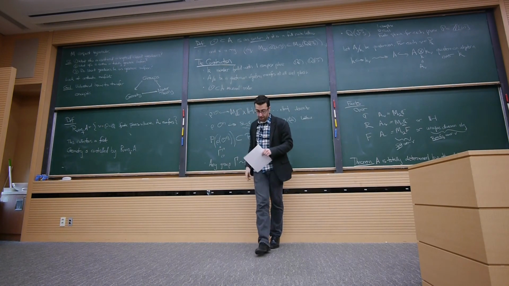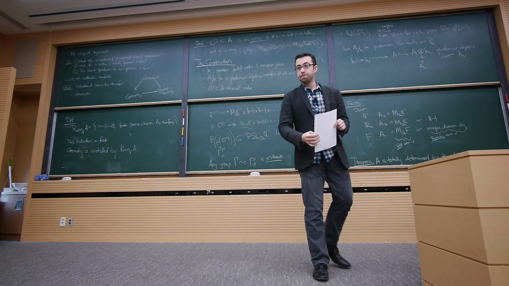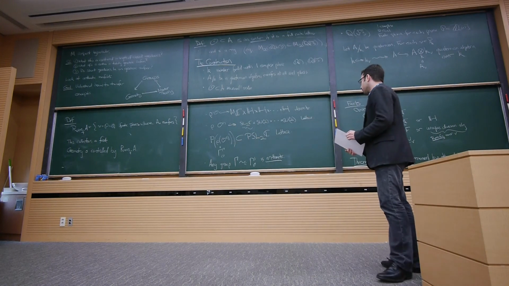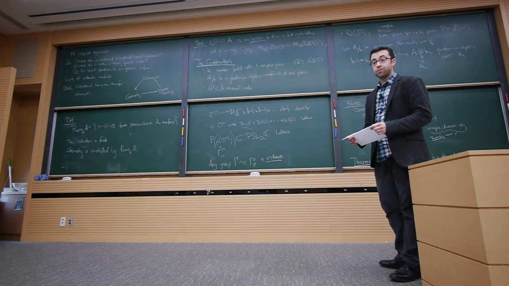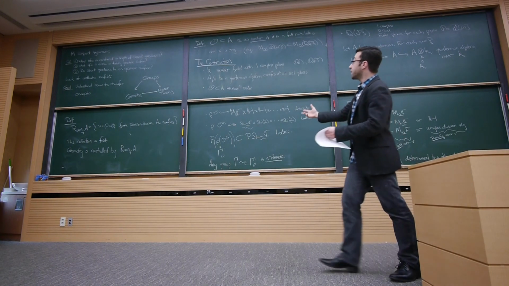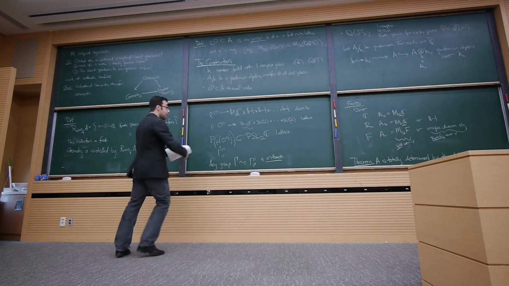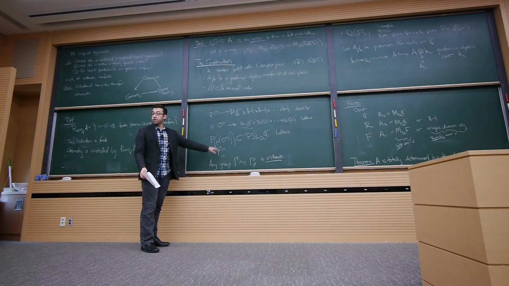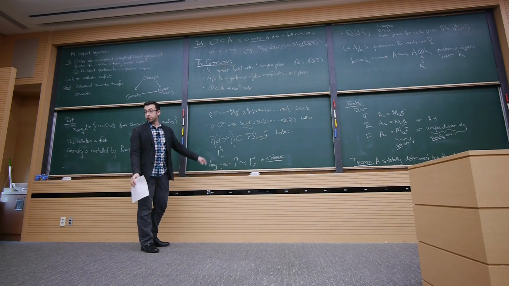You never use the finite places through this construction. There's no restrictions on the finite places here. The finite places come in when you look at the associated geometry of the manifold. But you don't have to use the finite places here.